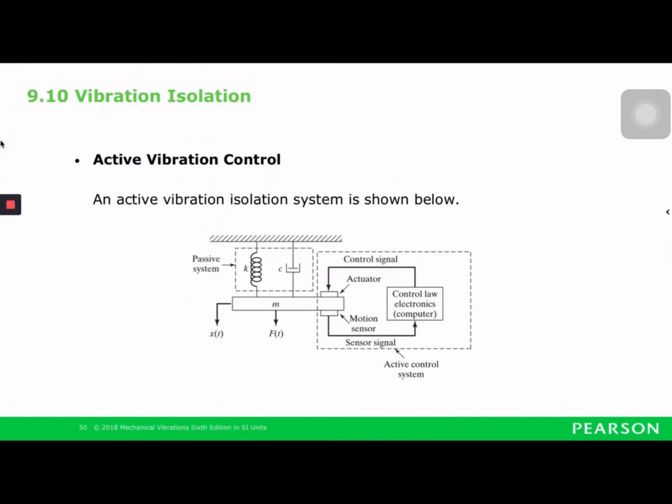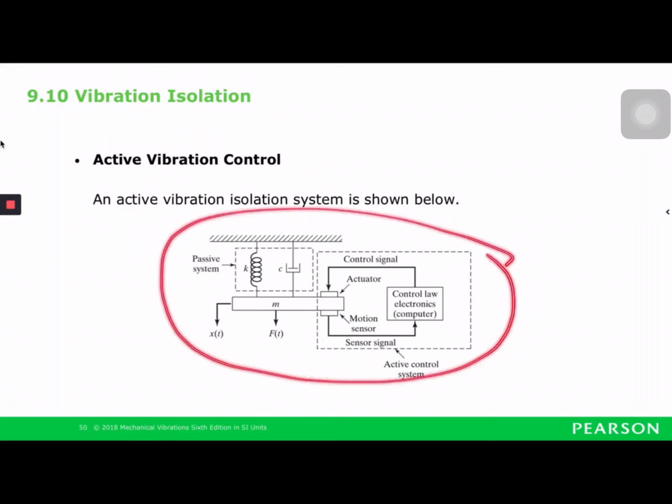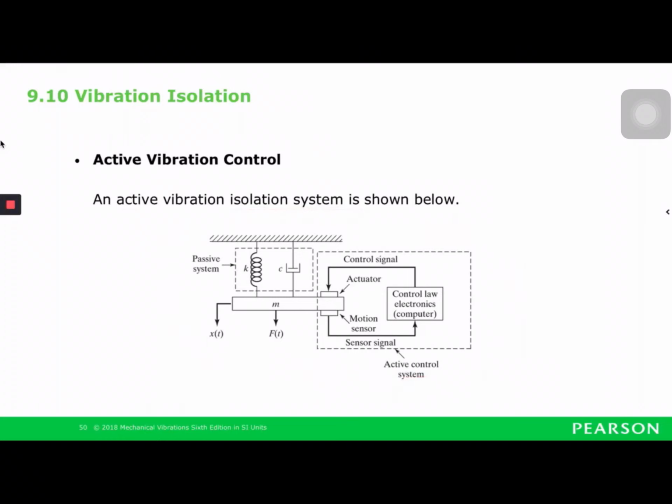The second type of isolation, which is active vibration isolation, can be represented by this diagram over here. Here we have the motion sensor, to detect the motion of the base or the mass, and the actuator.